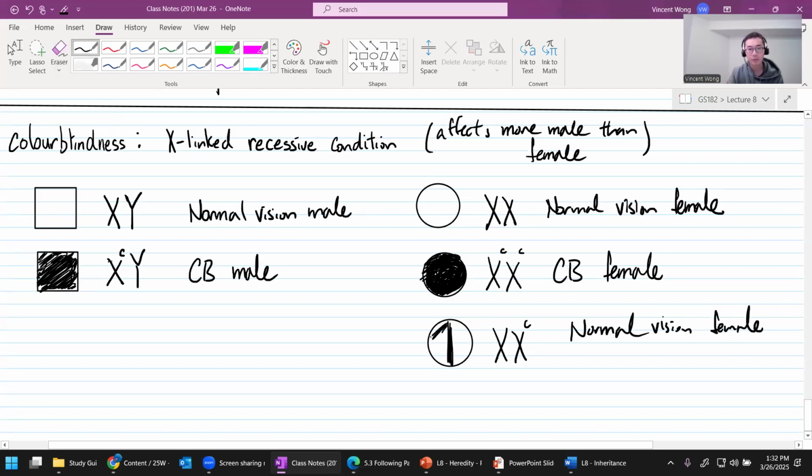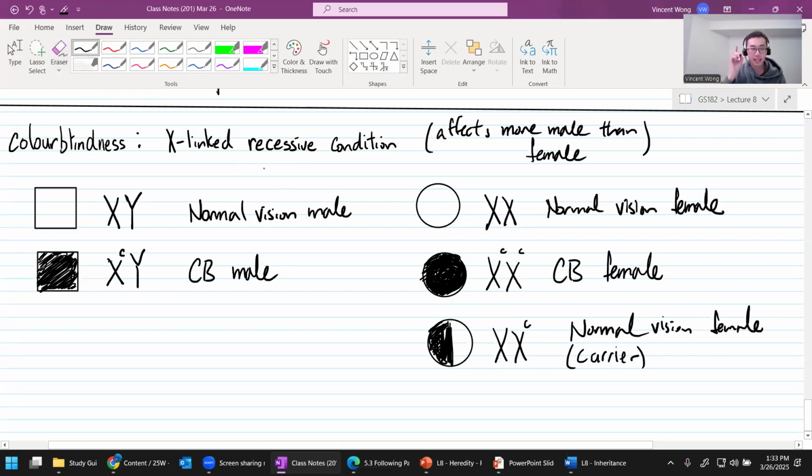For a carrier, we shade in half. Carrier means she has the colorblind allele, but she's not going to have color blindness because she has a normal X chromosome, which will cover up the disease allele. It's recessive, the color blindness, that's why a normal X is able to cover it up.